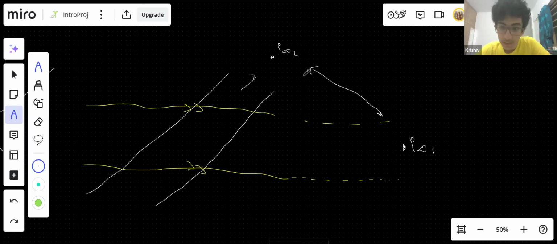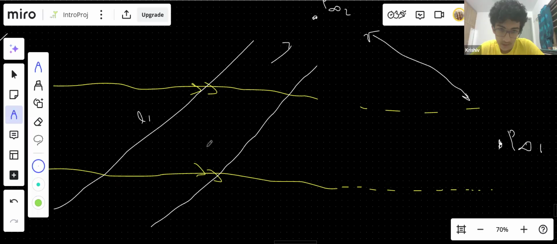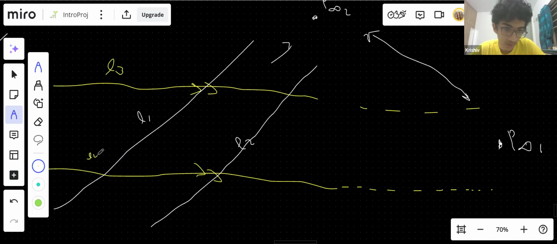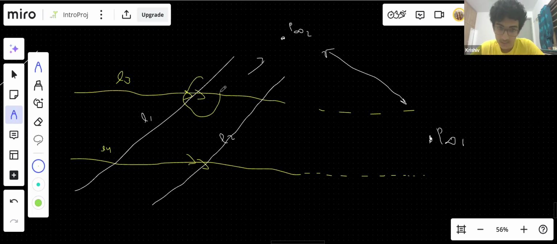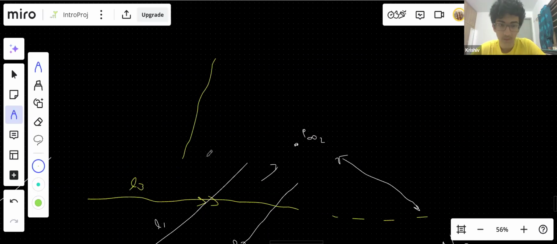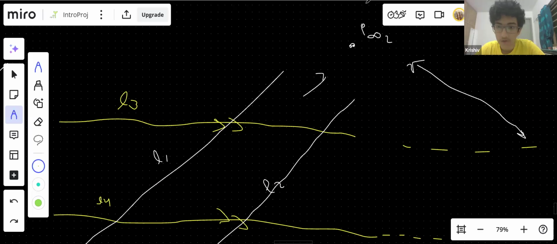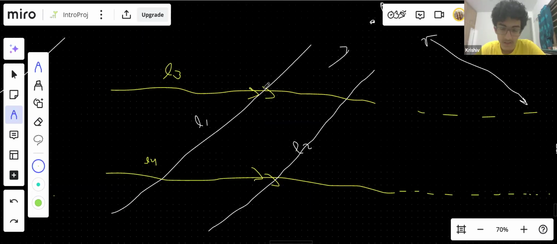Yeah. So basically, let's call these two lines L1 and L2, and these two yellow lines L3 and L4, right? L3 already intersects L1 at this point. If anything's not clear, please say so.